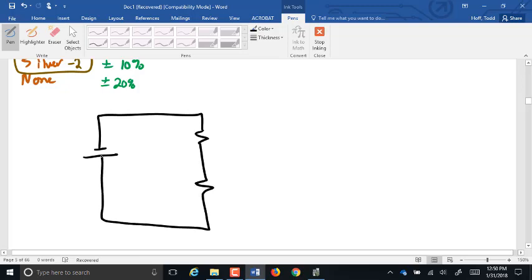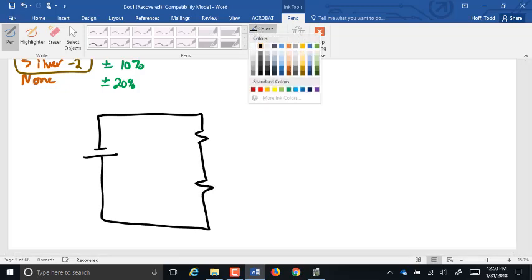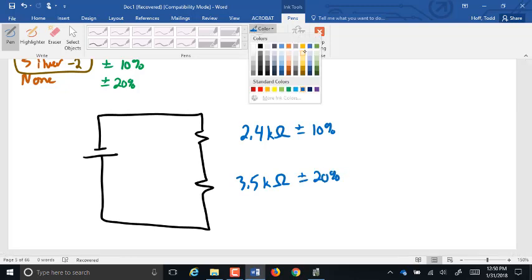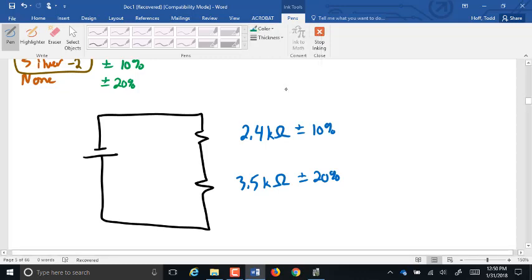So if we want to look at a little bit more realistic view of combining resistances, if we're looking at a circuit like this that has these 2 resistors in it, to find RT, the total resistance, we're going to be adding those 2 resistances.